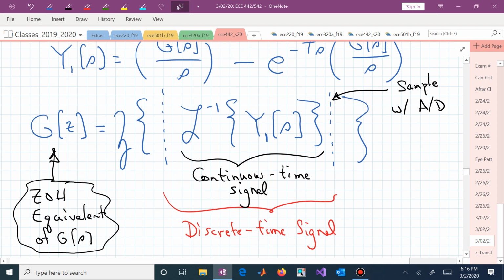Once I have a discrete time signal, I can Z-transform it. And that's what I'm now calling my zero order hold equivalent of G of S.